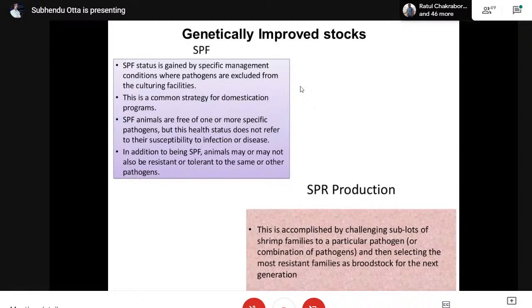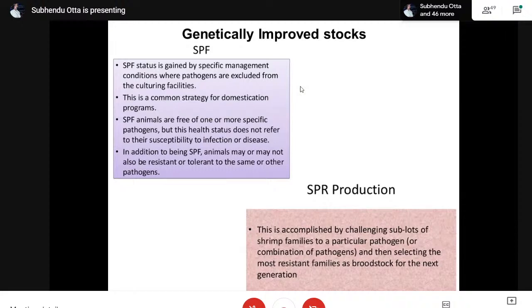So you should use larvae from genetically improved broodstocks, either SPF, specific pathogen free, or SPR, specific pathogen resistant, or SPT, specific pathogen tolerant. SPF stock is usually preferred because there the growth is not compromised. You just get rid of a certain number of pathogens through screening and maintaining it for a certain time period.